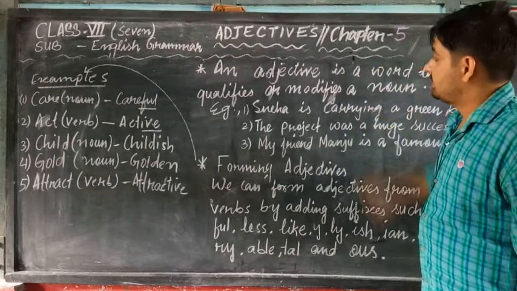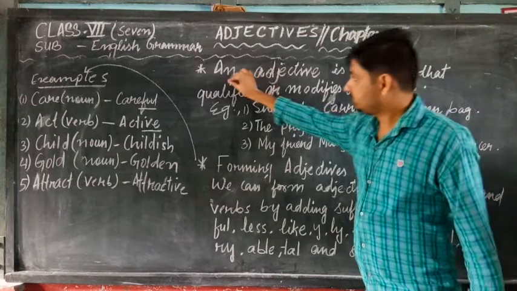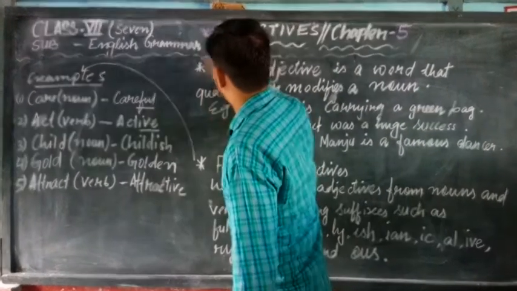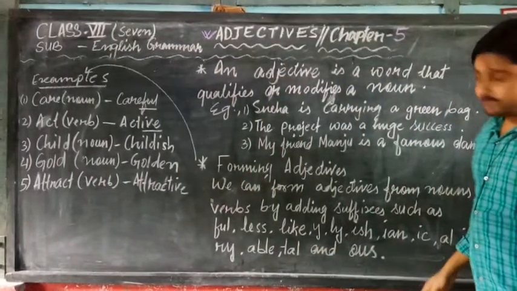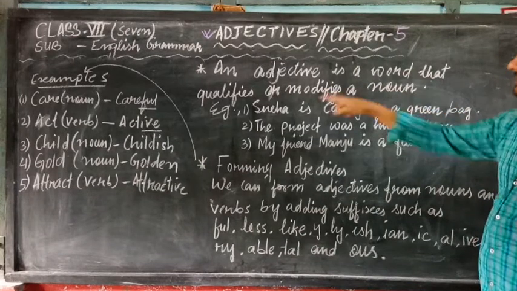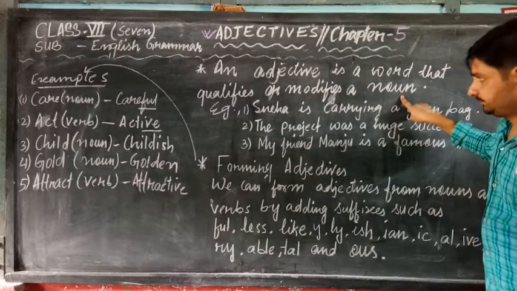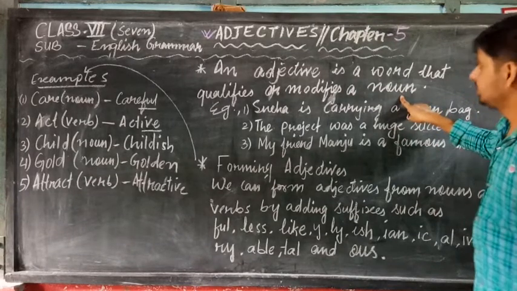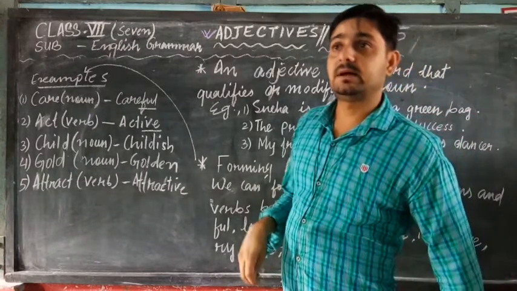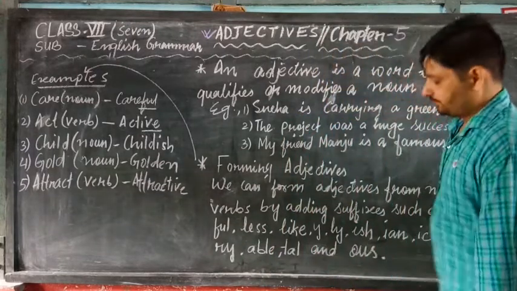Among those, one is the adjective. An adjective is a word that qualifies or modifies a noun or a pronoun. It describes a noun, and that is called an adjective.